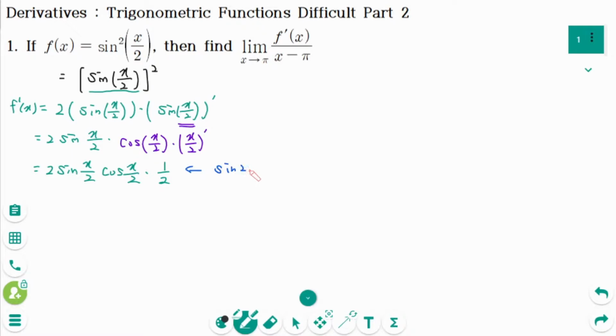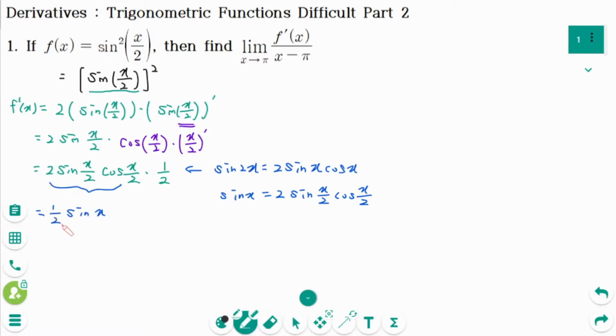Sine 2x equals 2 sine x times cosine x. So 2 sine x over 2 times cosine x over 2 equals sine x. Then this one is sine x, then 1 over 2.